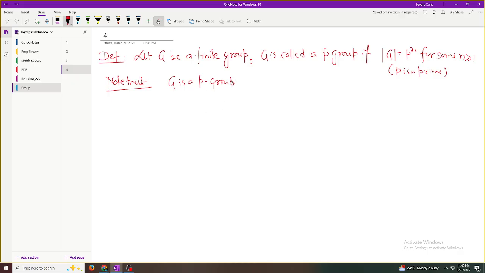Note that G is a P group if and only if a belongs to G and a not equal to identity implies the order of a is P to the power k for some k greater than or equal to 1. So every element has order P to the power some k. So then G is a P group. Okay.